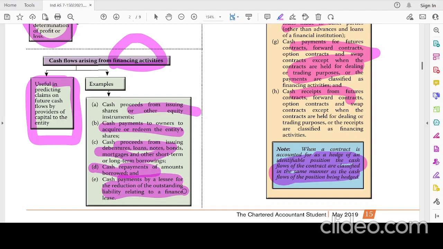An operating lease will form part of operating activity. Any cash payment made by the lessee for the reduction of an outstanding liability in relation to a finance lease will be classified as a cash flow under financing activities.